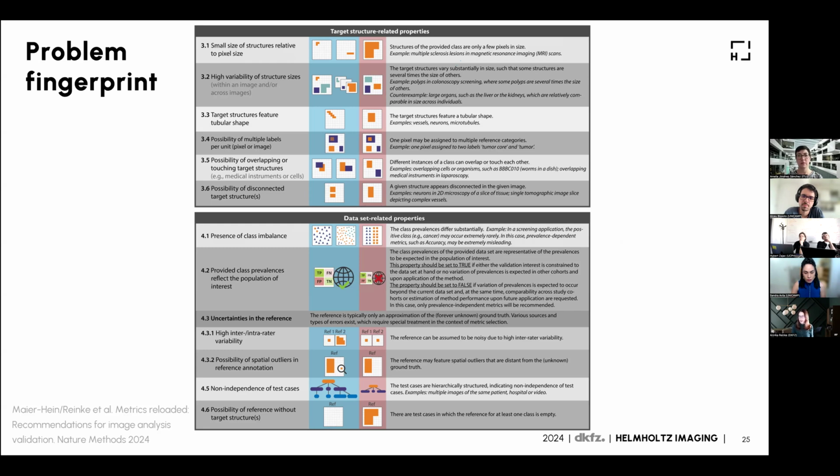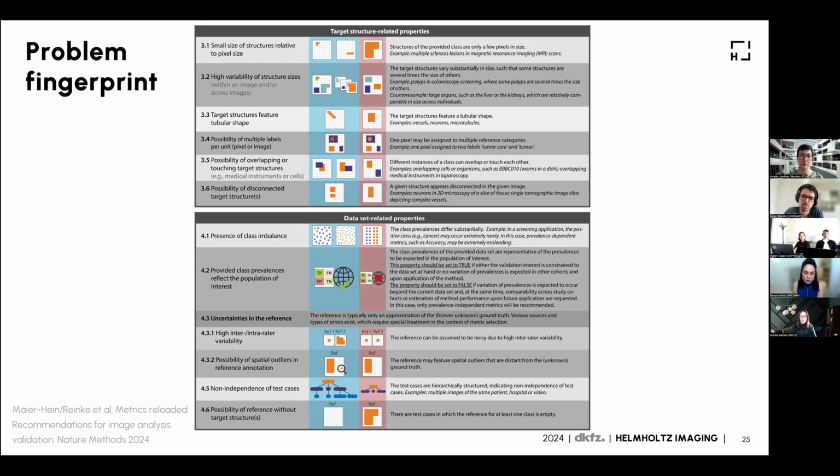Do we have high inter-rater variability? Or is it possible that we have spatial outliers? Or things that are a bit different, like are the test cases that we have independent or not? This is important for aggregation. Do we have potentially a reference without any target structures? All of these things are possible and break down to the pitfalls.